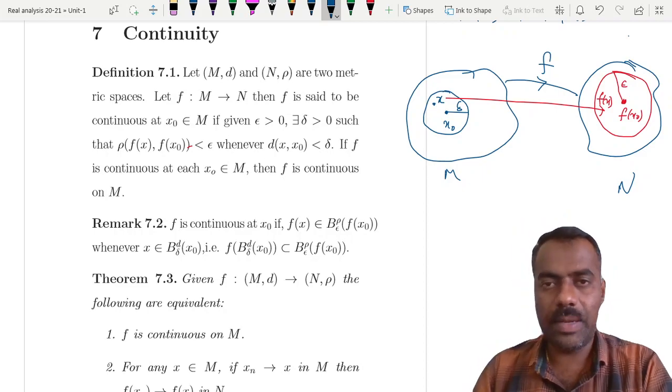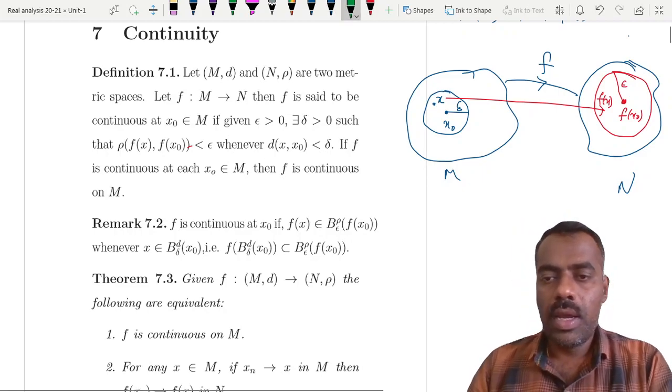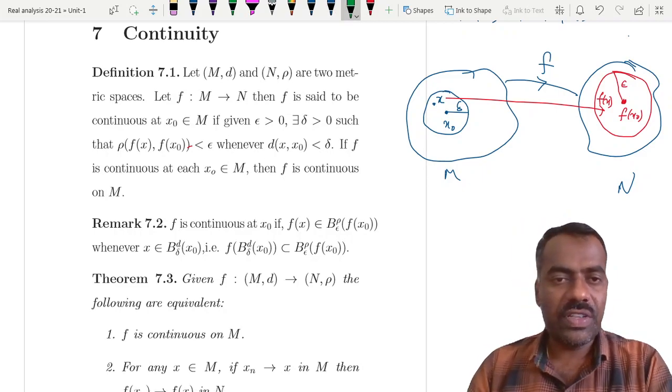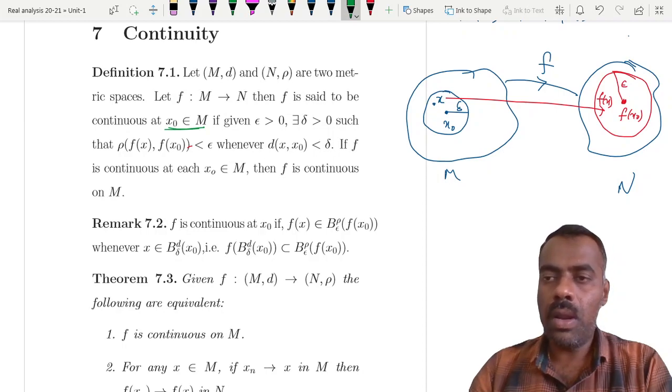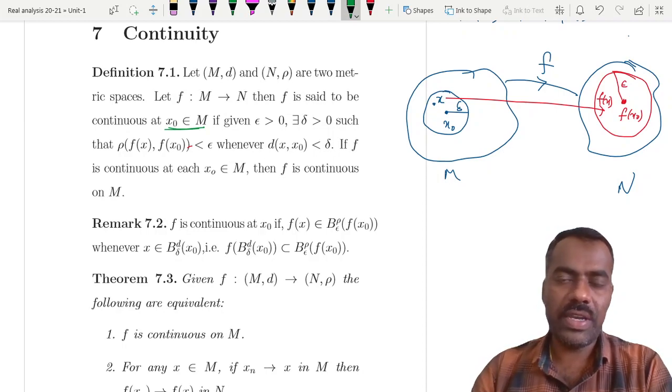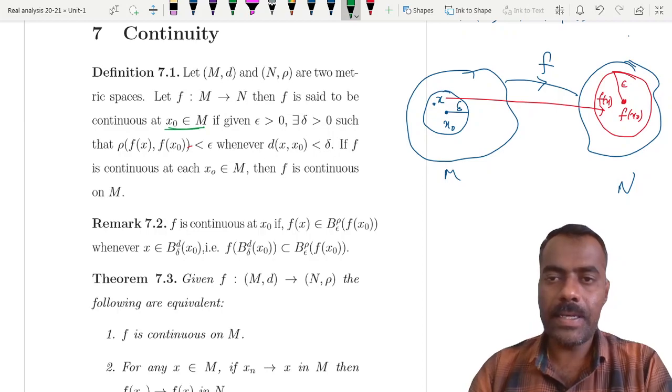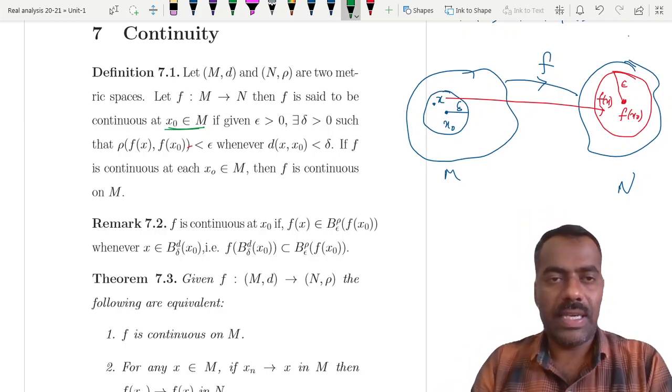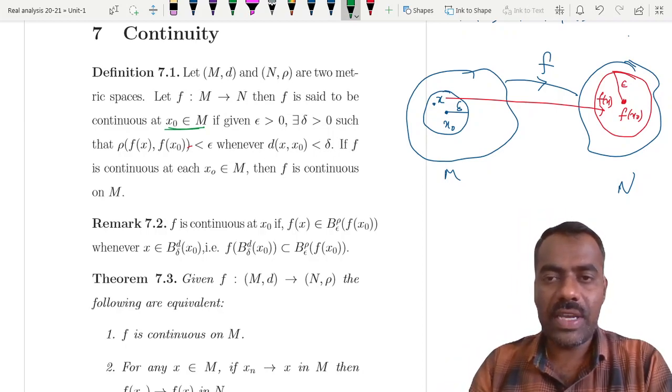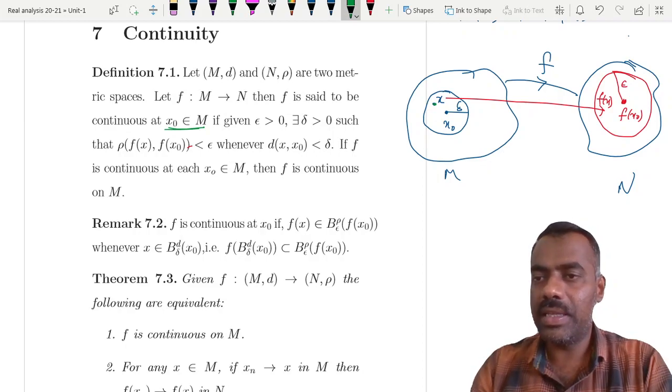Okay, so I repeat again. We say that f is continuous at x naught if, given any epsilon, we take a ball around f of x naught of radius epsilon, then we should be able to construct a ball around x naught, of say radius delta, such that whenever a point is in this ball, then its image is in this ball.